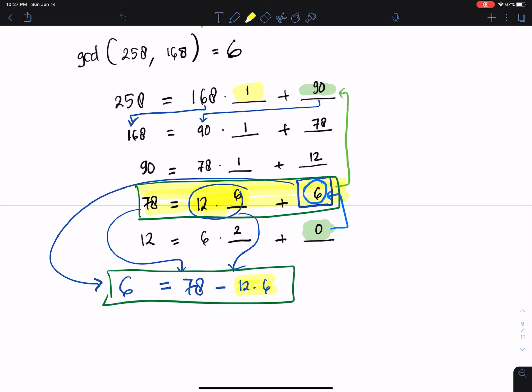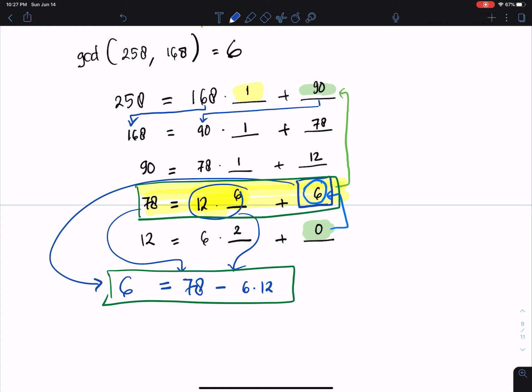So instead of putting 12 times 6, I will put 6 times 12 instead.